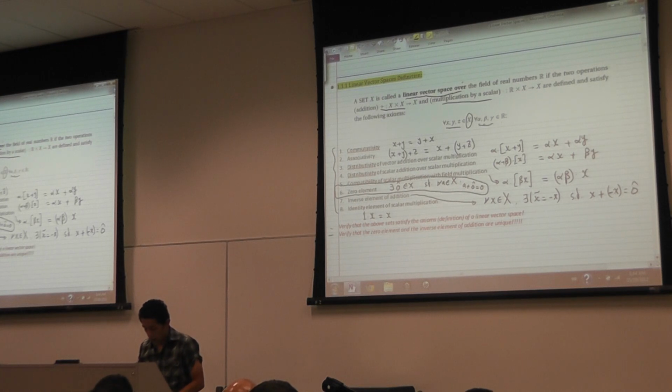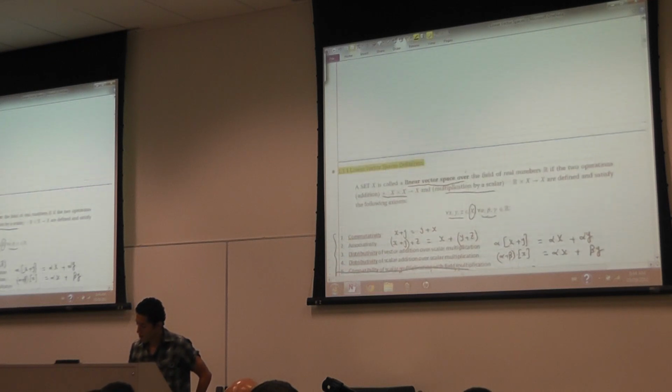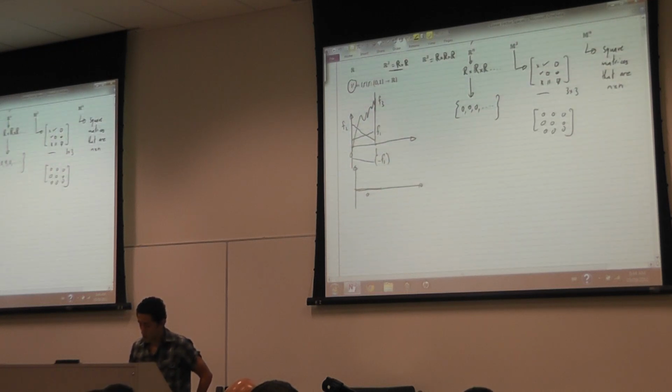The other thing we have not mentioned in the axioms is the zero element and the inverse element of addition, number 6 and number 7. Are they unique? Perhaps for R, R2, R3 and Mn, it's very clear that the zero element is unique. It's the vector or the matrix that has zero elements.